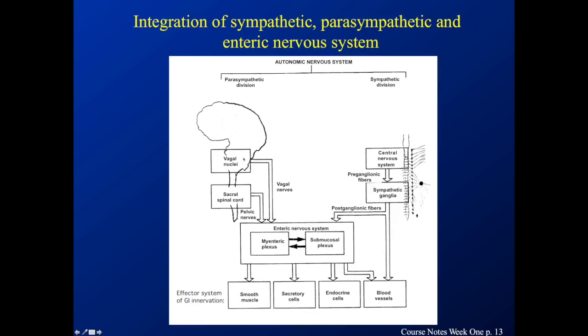So this is an indirect way that the parasympathetic controls enteric nervous system functions. Sympathetic is similar in that you have postganglionic fibers that affect the enteric nervous system. The one exception here is that the sympathetic ganglia affect the blood vessels of the GI tract directly, so they have this short circuit: they don't have to go through the enteric nervous system to regulate blood supply.